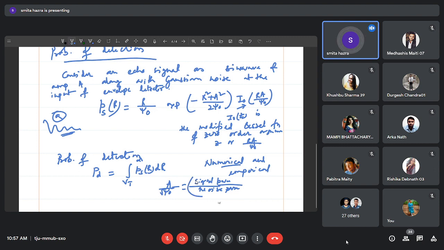So this whole thing is to the power half. So if I adjust the RMS factor, that is the root 2 factor here, then that entire thing can be considered as 2S by N whole to the power half. So actually A by root psi naught, we can write in terms of 2S by N whole to the power half. These two factors we are getting because of the RMS factor.